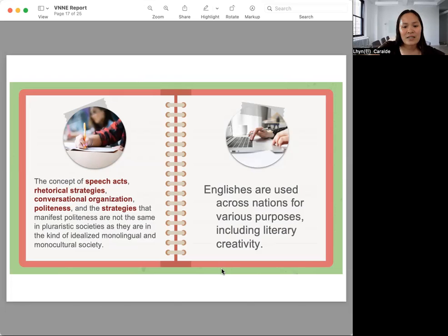So we use the words from the literature, and also for writing, speaking, any words that we heard as well. So across the nations, not only from our own, but we share to other people for the different purposes of using the English.